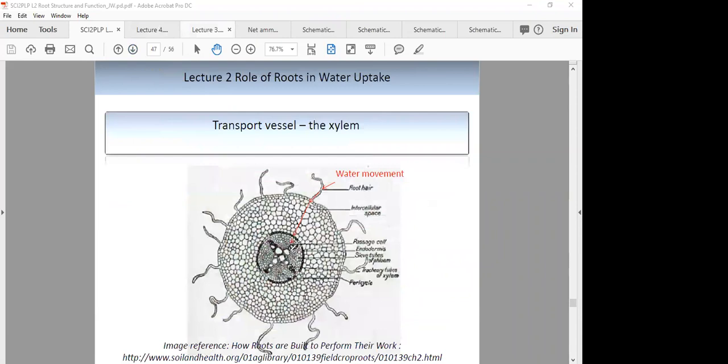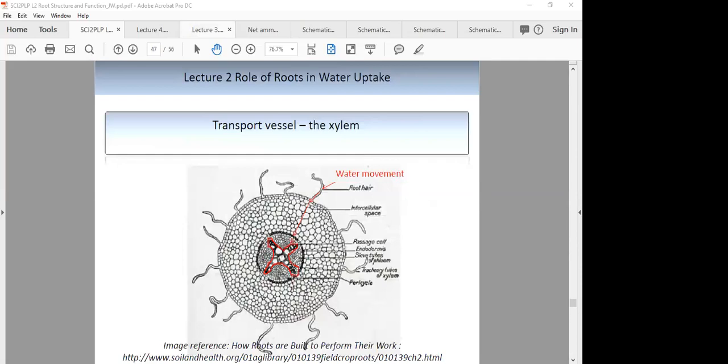So firstly, let's look at this structure here. What do we refer to this structure as, this tissue? It's shaped like a star, in dicots anyway. Right in the centre, what do we call that star-shaped structure in the centre there? Everyone knows this.